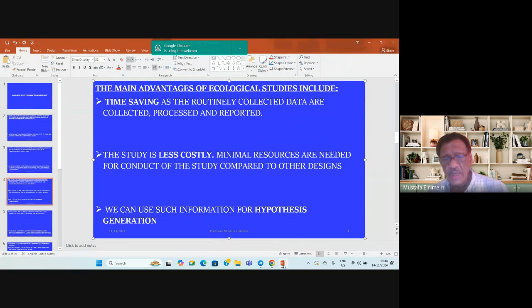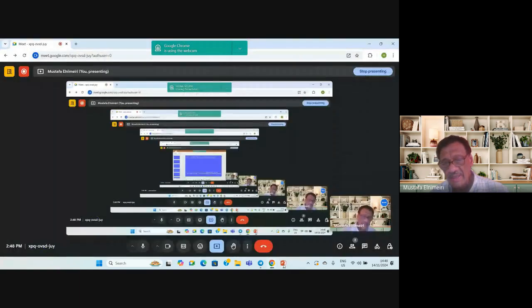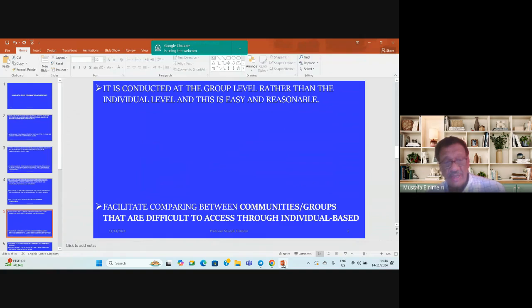We can use such information for hypothesis generation or formulation, and it is conducted at the group level rather than individual level. And this reflects that it is easy to conduct a correlational or ecological study.